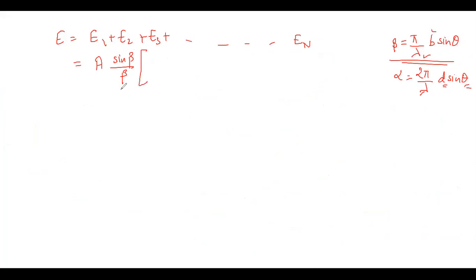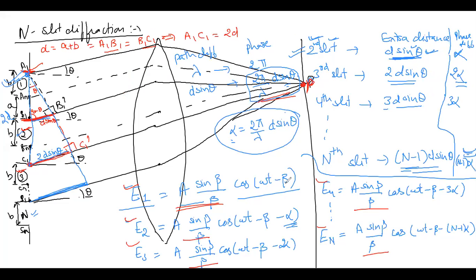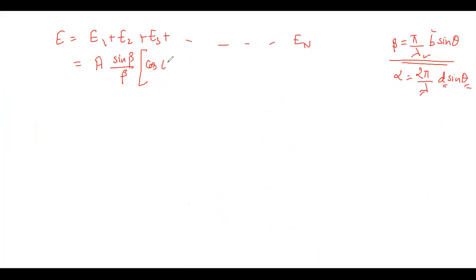A sine beta over beta is common, you can take it out, and you are left with cos omega t minus beta, cos omega t minus beta minus alpha, 2 alpha, up to n minus 1 alpha. So you have something which is going to look like this, and so on.